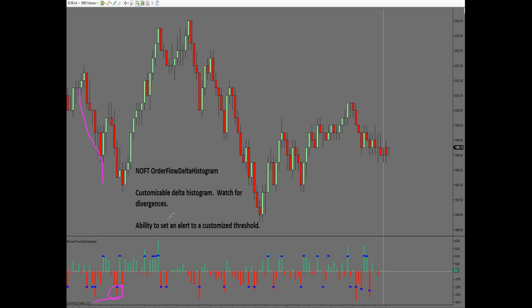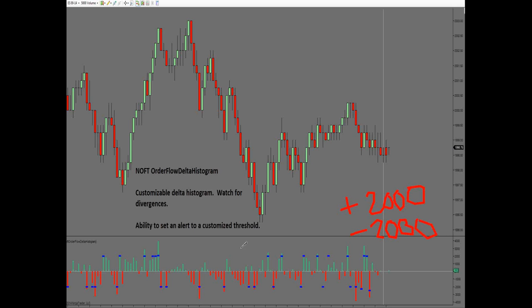What I really like about this, that sets it apart, is the ability to customize a threshold. On this ES contract, I've set the threshold of the delta to 2000. So I'm going to get an audible alert if the delta goes to negative 2000 or below, or positive 2000 or above.